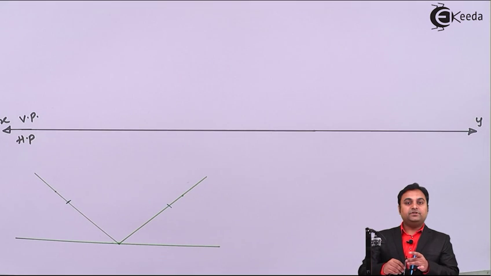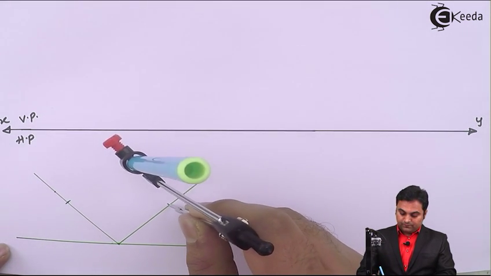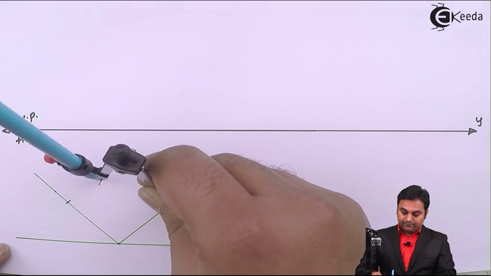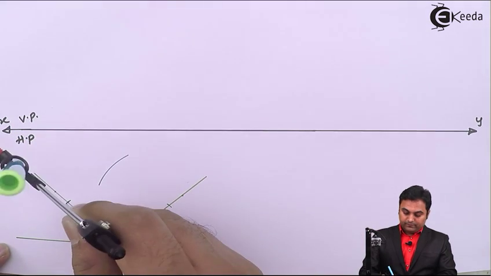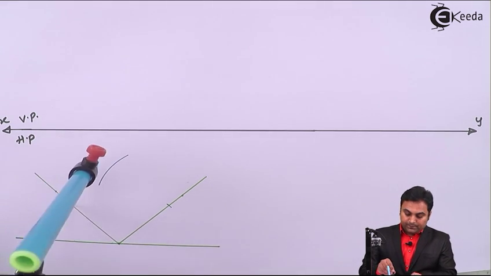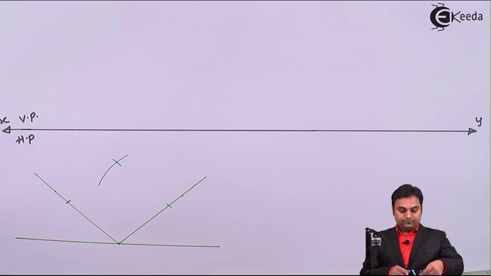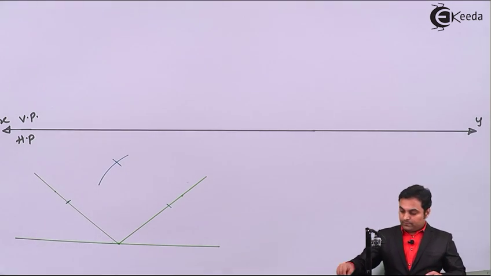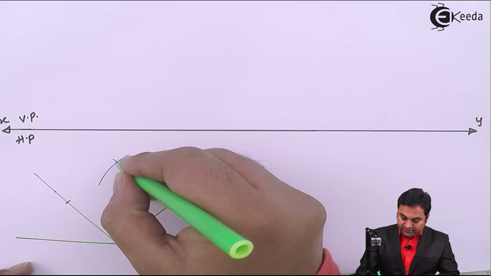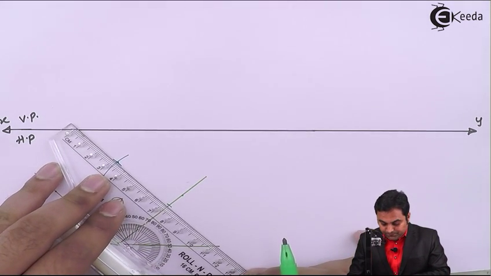Then, keeping the same distance, going to draw an arc here. Next, from the other side or the other corner, I'll cut this arc. So here I am getting the intersection point. I'll join this to complete the square prism.